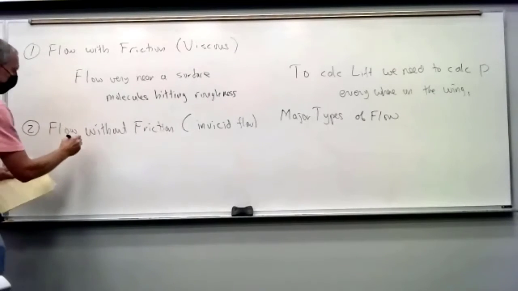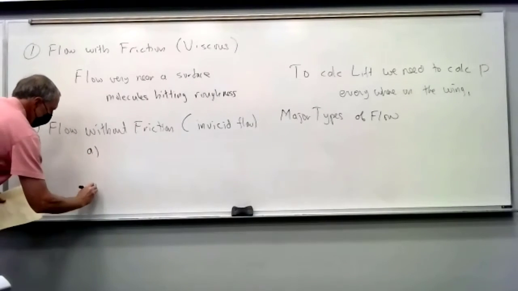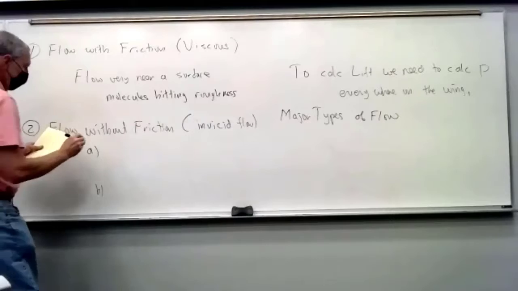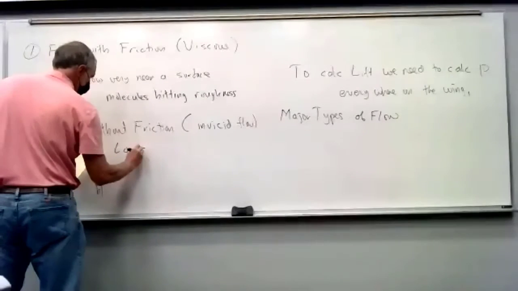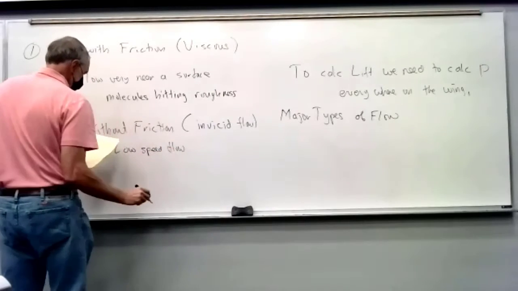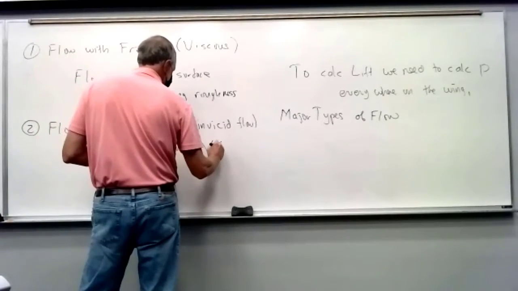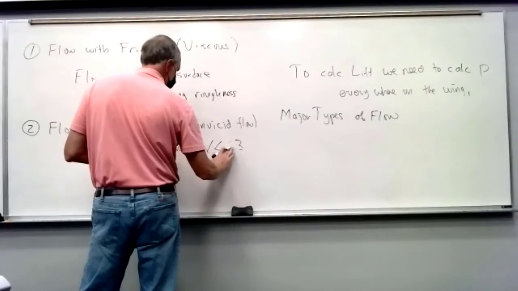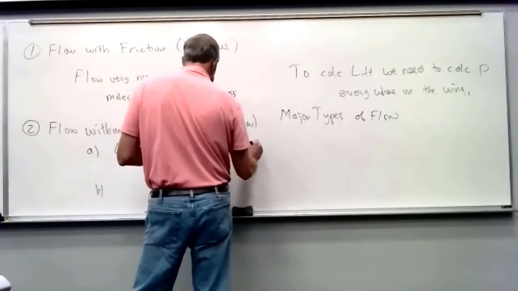And then under this type of flow, there's two different categories that require different levels of calculation or computation. And the easiest one is low speed flow. This is velocity less than 0.3 times the speed of sound.